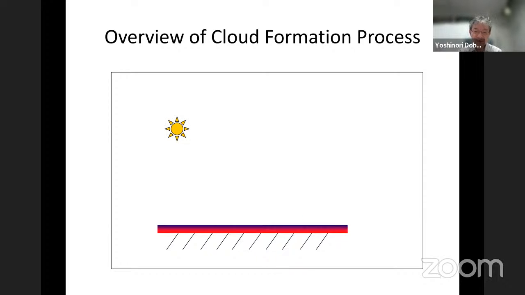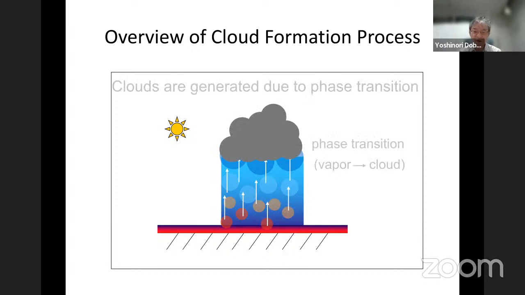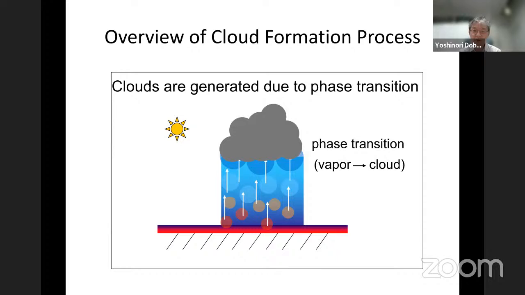As these air parcels move upward, their temperature decreases due to a phenomenon called adiabatic expansion. And finally, at a certain altitude, a phenomenon called phase transition occurs. That is, water vapor becomes water droplets. And these water droplets are perceived as clouds.